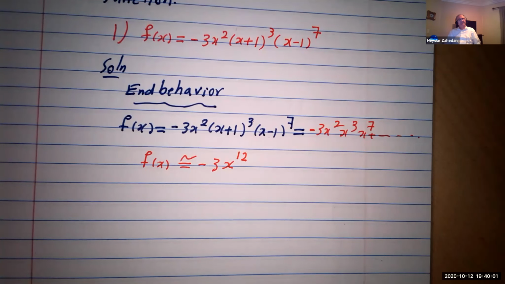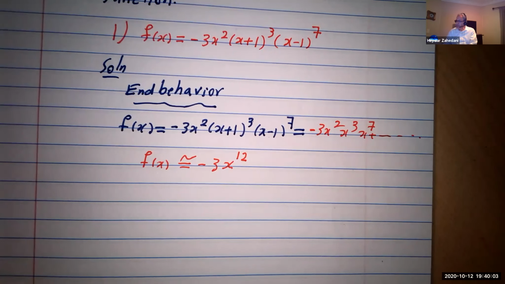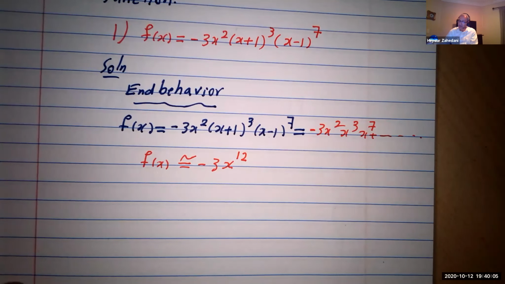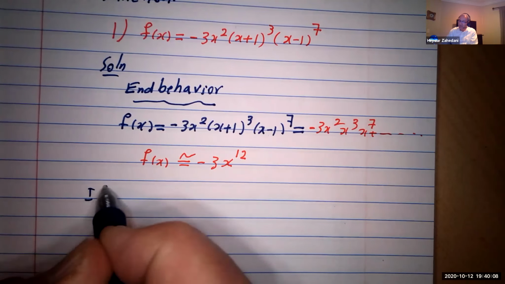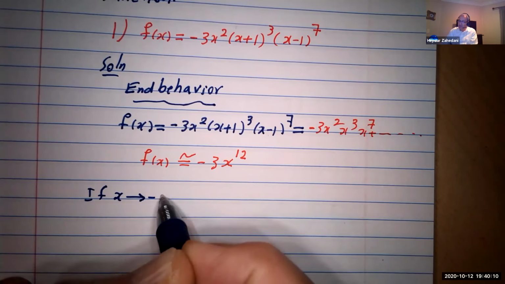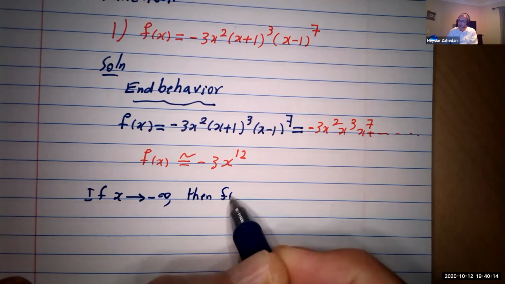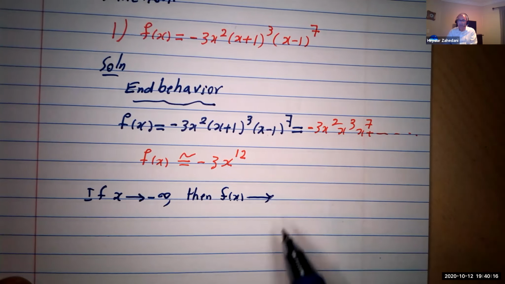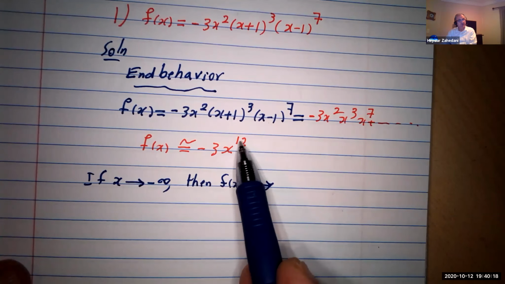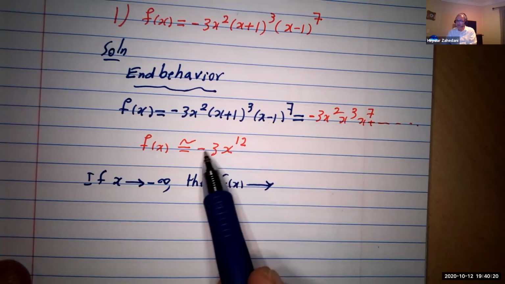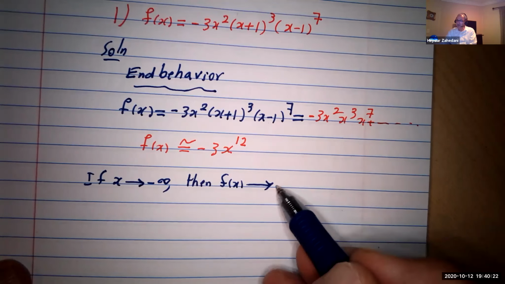Any question? Now check the infinities. If x goes to negative infinity, then f of x goes to, negative to the 12 would be positive, but positive times negative would be negative, negative infinity.